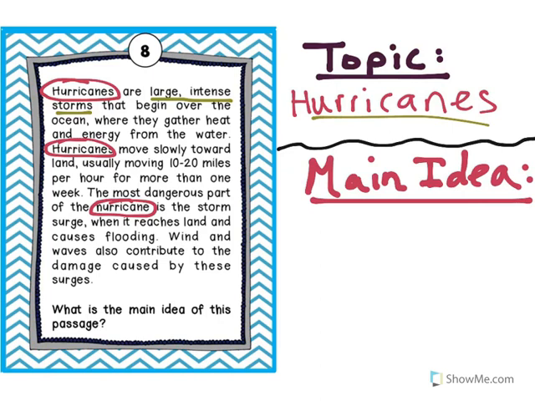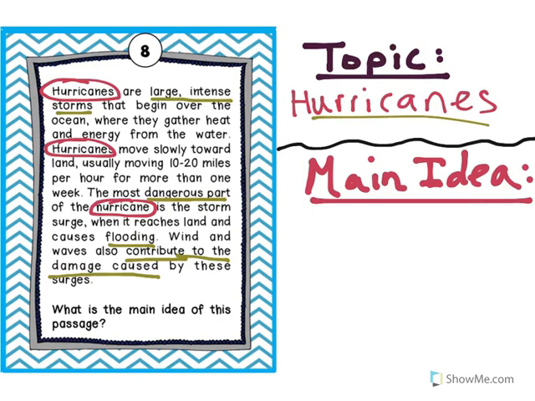It's talking about a dangerous part of the hurricane. And flooding. It causes flooding. And contribute means adds to, contributes to the damage caused. So it's causing damage. Good cause and effect text right there.